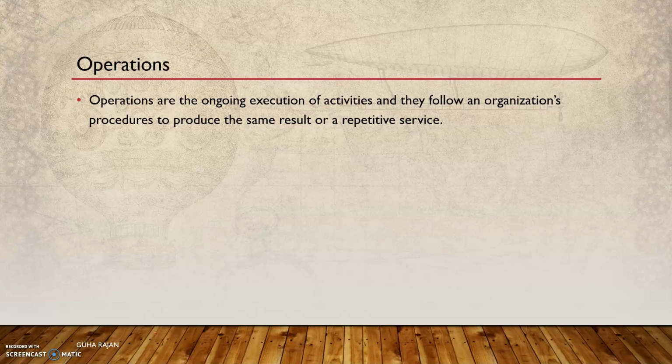So you need to keep repeating the same process again and again. For example, car manufacturing, or one can even talk about production, manufacturing, or the accounting process as examples of operations, because they keep repeating.